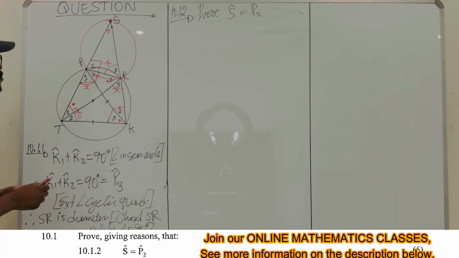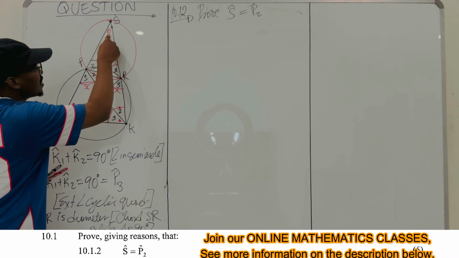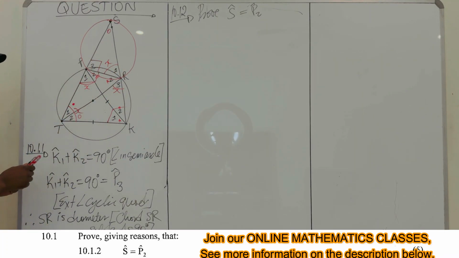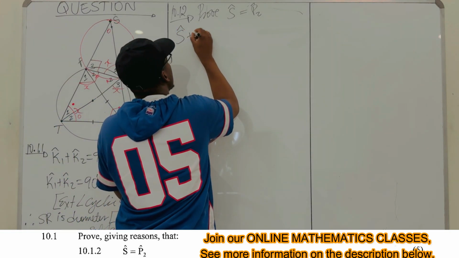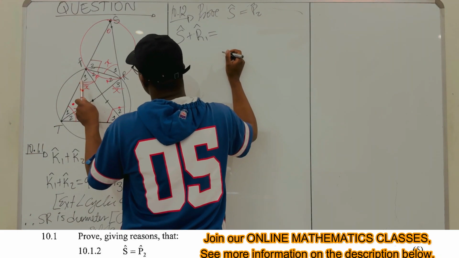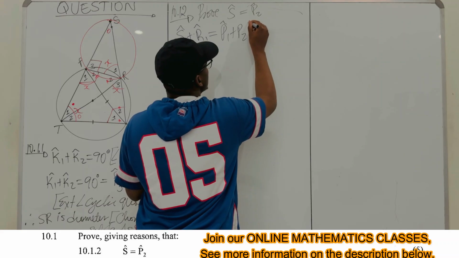So in that case, what do we say? If we add S and R1, they should give us this exterior angle over there. So angle S plus R1 is going to give us the exterior angle, which is P1 and P2. What is the reason?